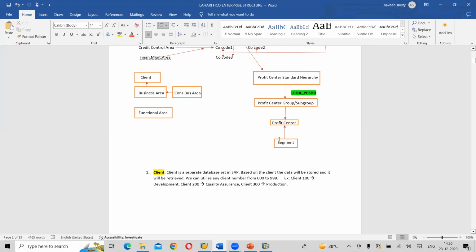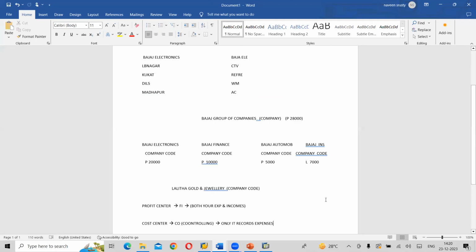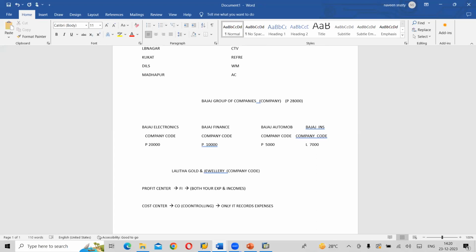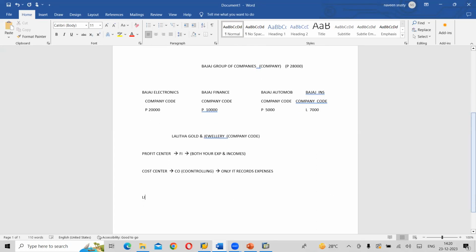So in the entry, what are the things we will give? For example, say my company code is LI01. LI01 is nothing but Lahari Cement Company. As I said, I'm dealing in cement and steel, so I have given LI01 for Lahari Cement Company.